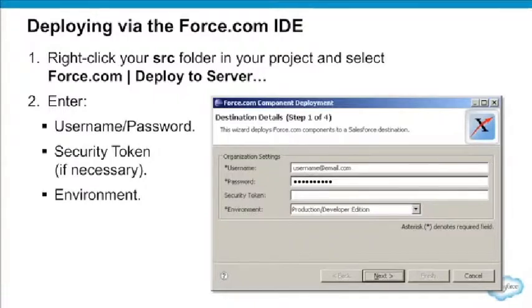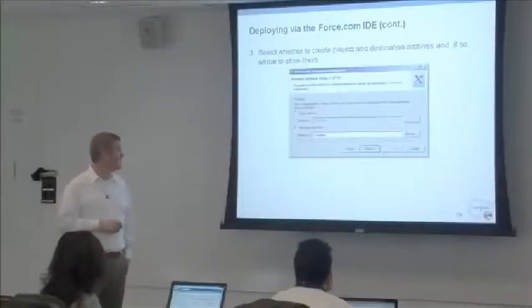But what you're going to do is select Deploy to Server from the Force.com menu down there. So remember, we had Refresh from Server, Save to Server, Synchronize with Server. We also have Deploy to Server. What's going to happen is it's going to prompt you for the credentials for accessing the target org that you're going to be deploying components to.